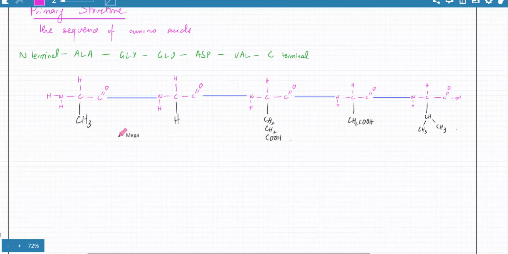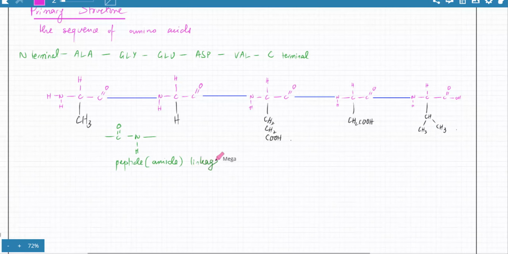So basically, you have these C double bond O and NH linkages. These are known as your peptide linkages or amide linkages. There's no difference between them.